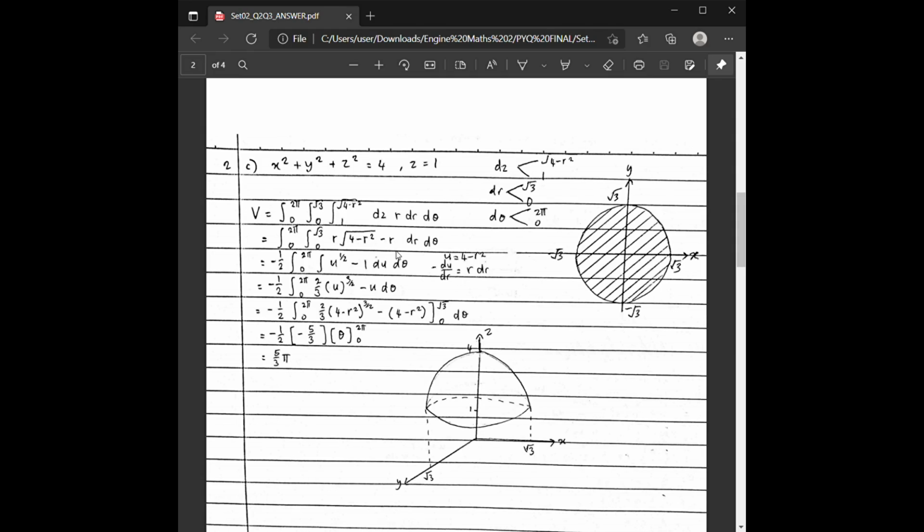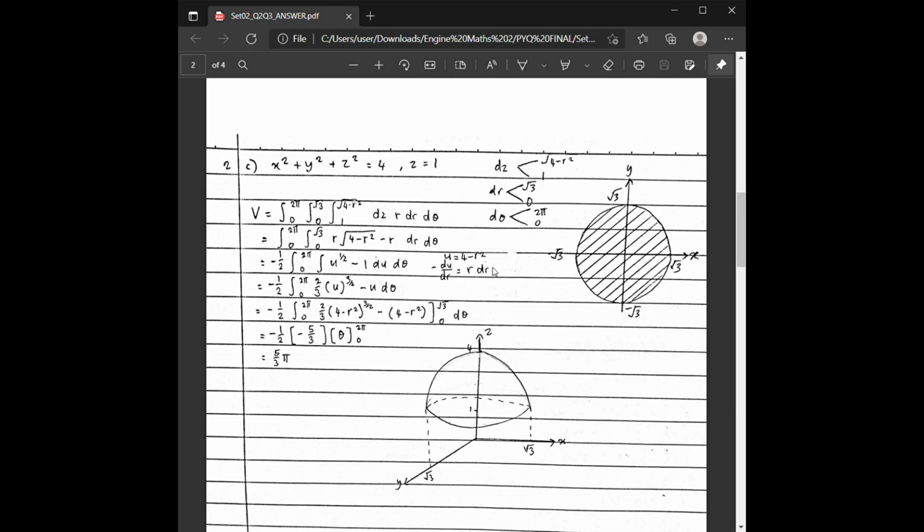So from this we get theta from 0 to 2 pi, r from 0 to square root 3, and z from 1 to square root 4 minus r squared. So we get dz, r dr, and d theta. Like the previous question, we need to solve the dz first, followed by dr, followed by d theta.